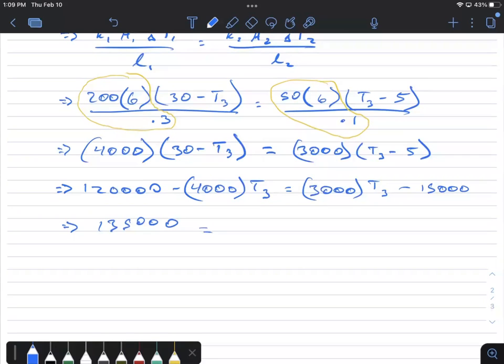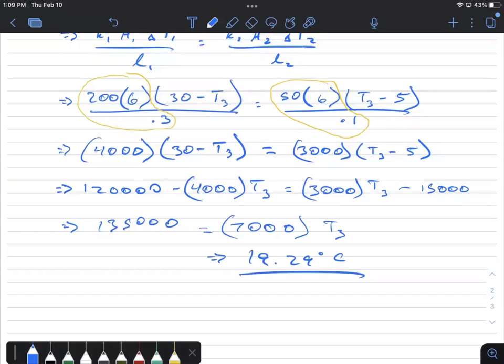And then I'm going to move the 4,000 T3 over to the right side, and that'll be 7,000 T3. And then, of course, get T3 by itself, divide over the 7,000, and we get 19.29 degrees Celsius.